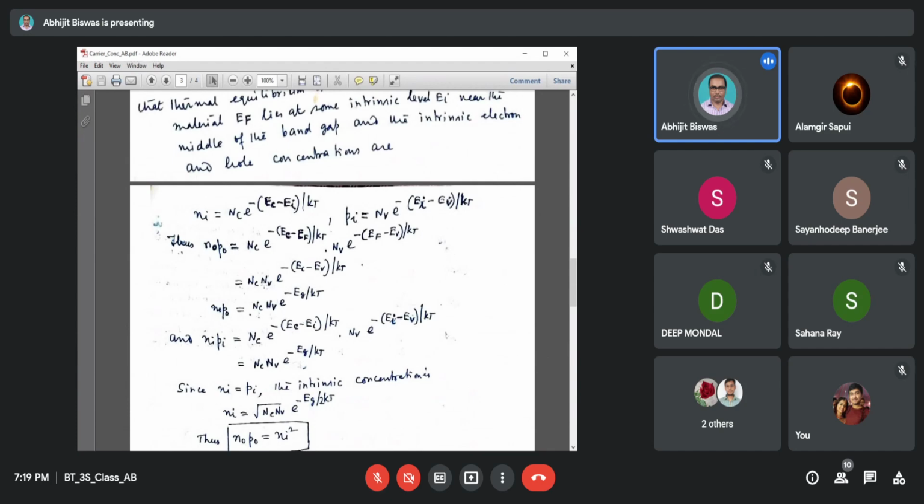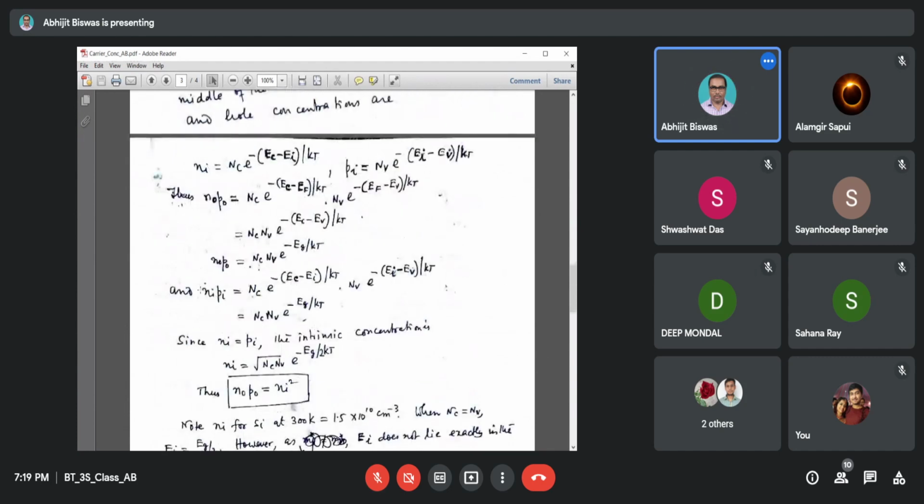So now, if we actually see the equilibrium electron concentration and equilibrium hole concentration in case of, say, extrinsic material, so N0 into P0, that is equal to Nc, and instead of this Ei we must write Ef for extrinsic material, but the mathematical form will remain the same.